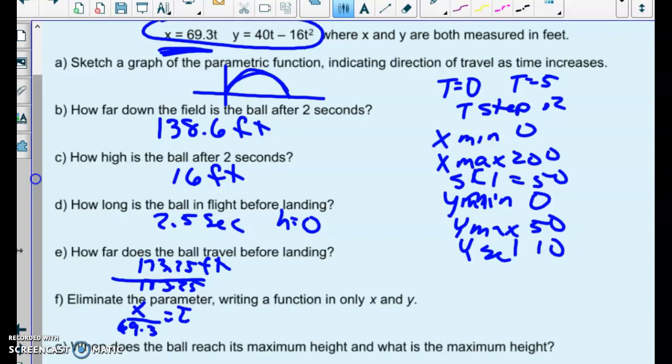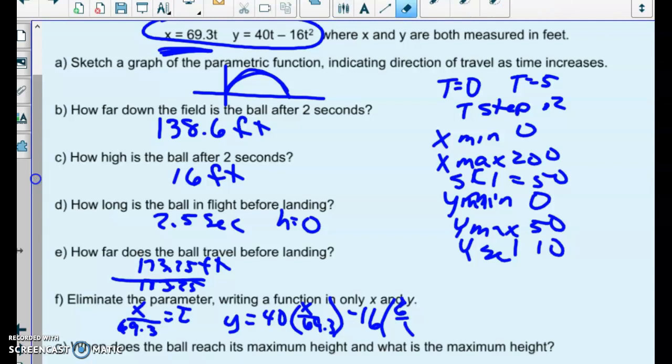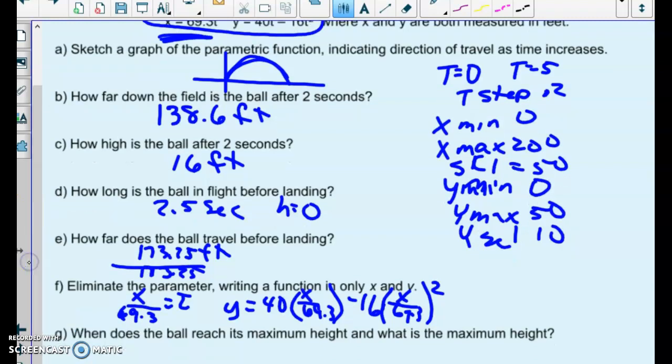And then I can plug that into the other equation, so I get y equals 40 times x over 69.3 minus 16 times x over 69.3 squared. And so there's your equation in just x and y, and you can spend some time simplifying it if you want to. I'm running out of time here.